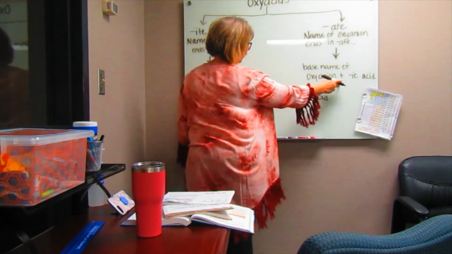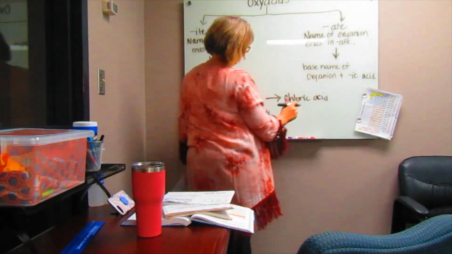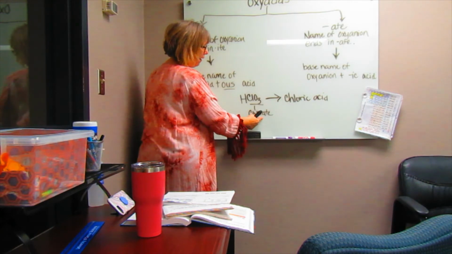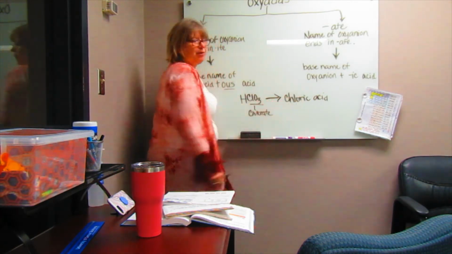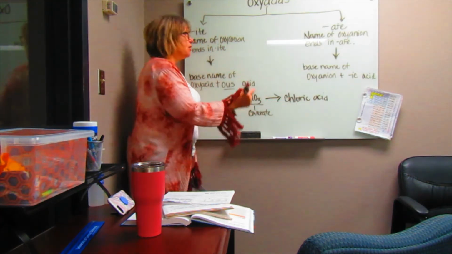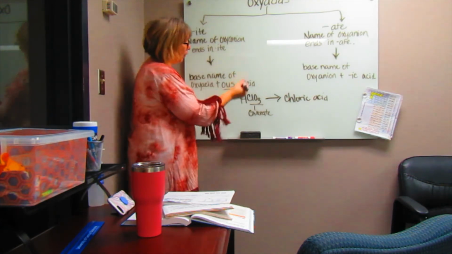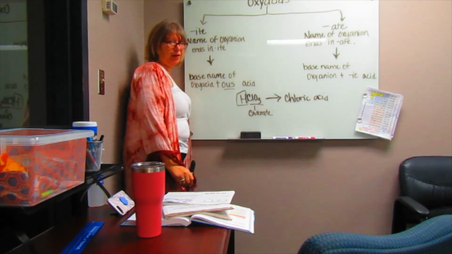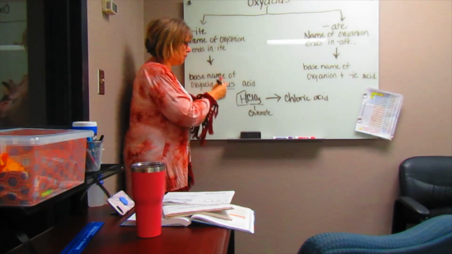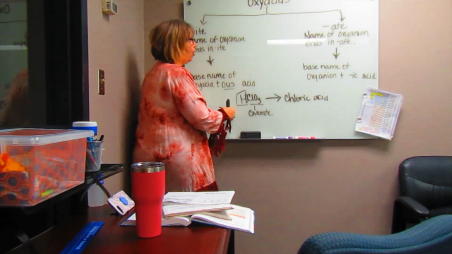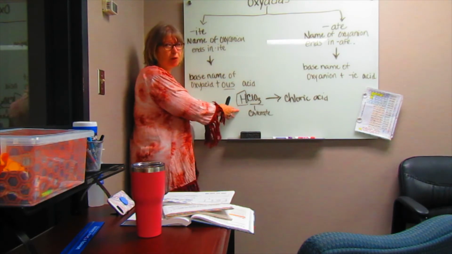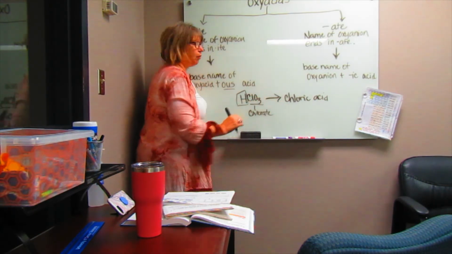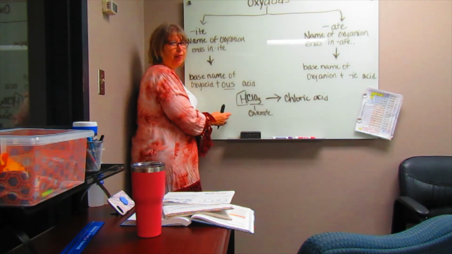And so following this rule here, we take the base name of our oxyanion and we add IC and it becomes chloric acid. So for this oxyanion, we don't identify the hydrogen, right? Like we do in the binary acids with some of those compounds. With an oxyanion, hydrogen is part of the compound, but it's not part of the name, okay? So it's important that I point that out.